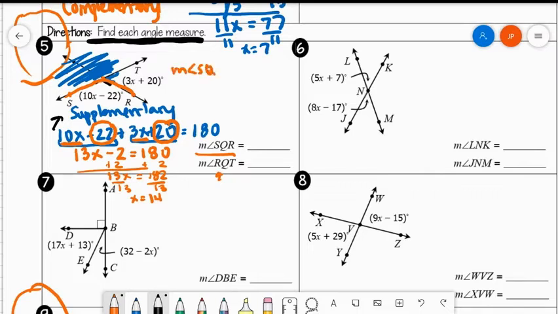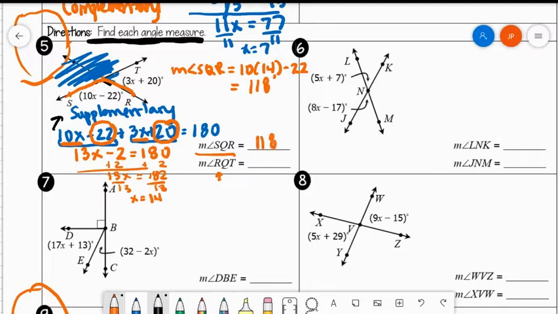So all I'm doing, which we did on the first page, on that first set of notes, is wherever I see an x, I'm going to put a 14 now, because I know x is 14. So instead of 10x minus 22, it's 10 times 14 minus 22. And when I do that math out, it'll give me 118 degrees.